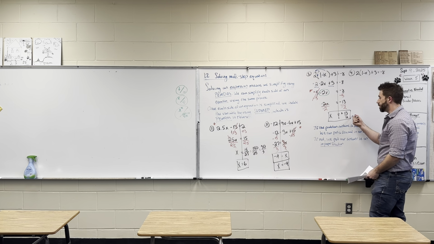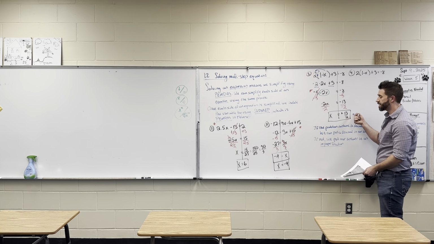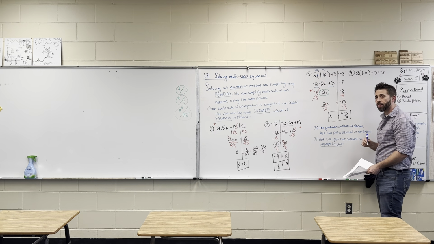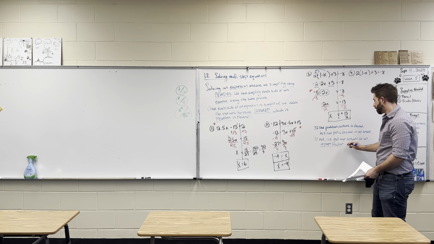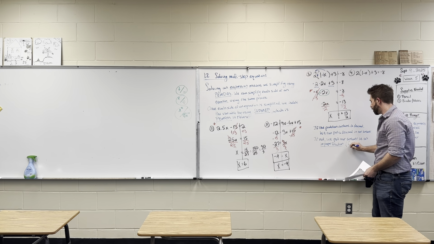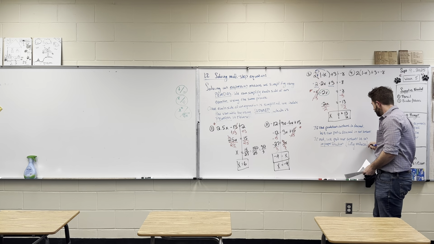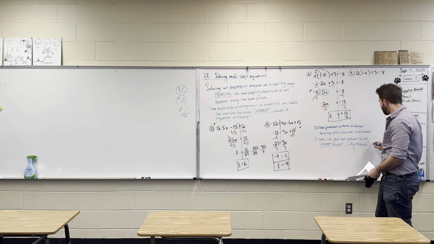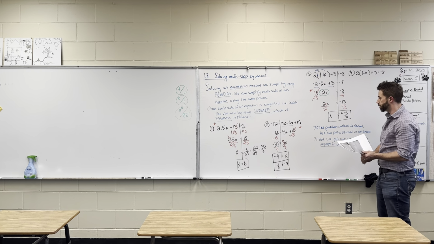An improper fraction means no mixed numbers. I don't want 6 and 1/2. I want 13 halves, okay? The big thing is, if I can reduce this, I will reduce this. So I'm gonna put fully reduced. Okay, but I want improper fraction, and I want it fully reduced.